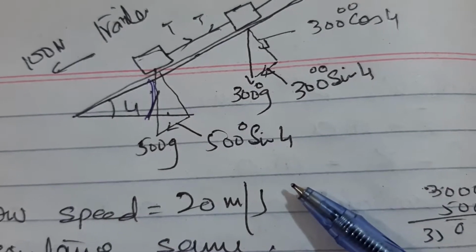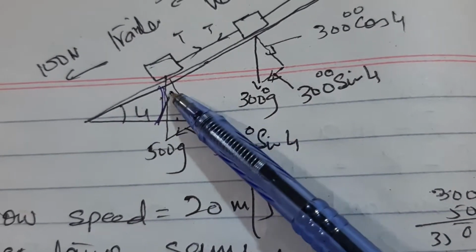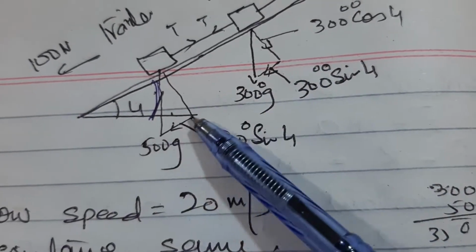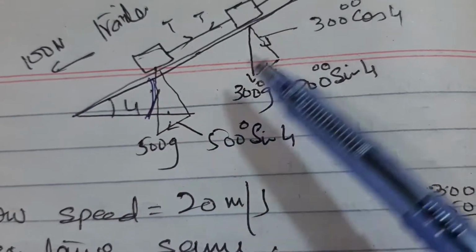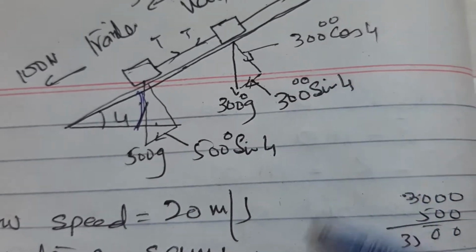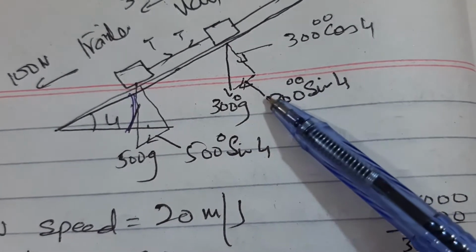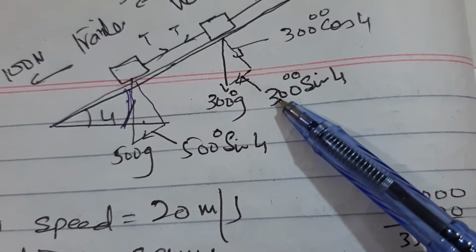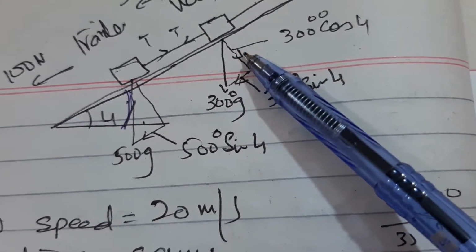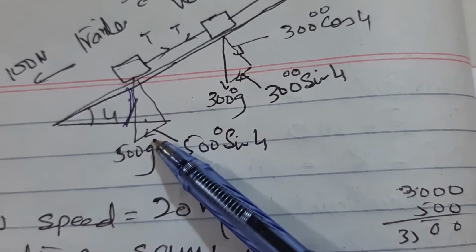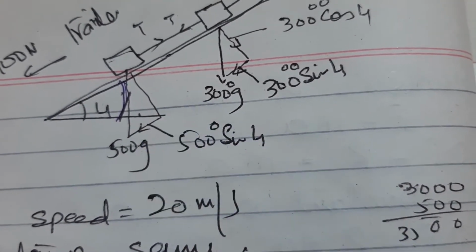So exactly like this I'm doing here. This angle will be 4 degrees. This is parallel to the plane and this will be perpendicular to the plane, right? So this is the weight. This portion will be 30,000 sin 4, 30,000 cos 4. This is 5,000 sin 4, 5,000 cos 4.